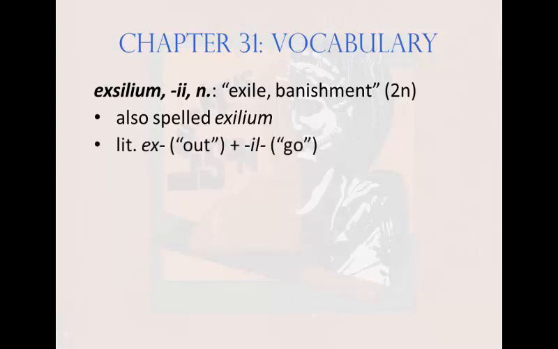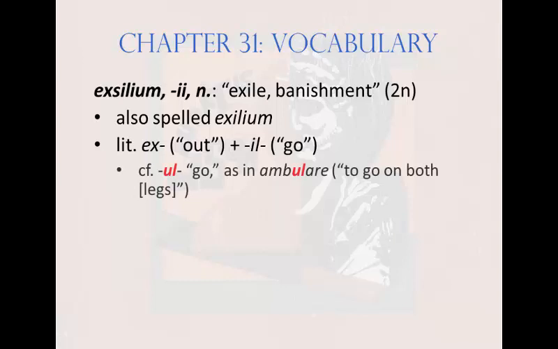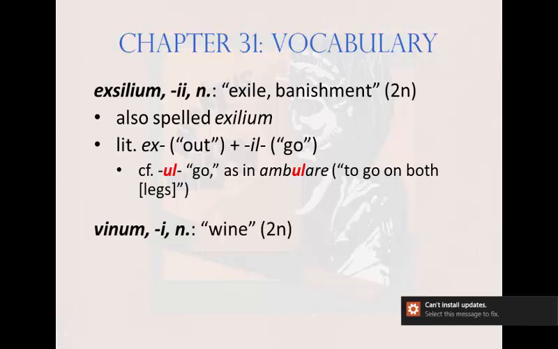Literally, it's a compound of the prefix ex, meaning out, attached to the verb base sil, meaning go, a base that's seen in a slightly different form, sul, in ambulare, to walk, literally to go on both, amb, presumably legs. As far as we can tell, that is how most Romans walked. And the last noun in this vocabulary list is vinum, vini, neuter, meaning wine, it's second declension.